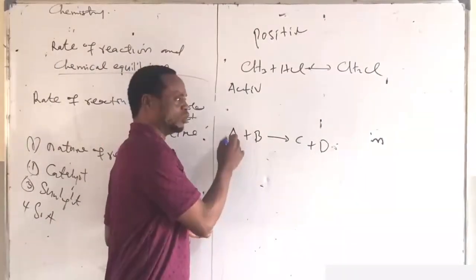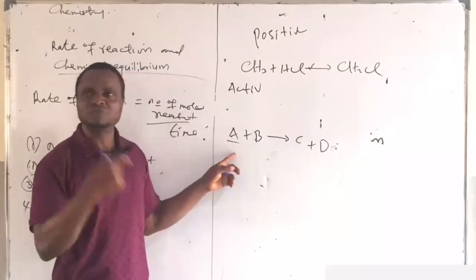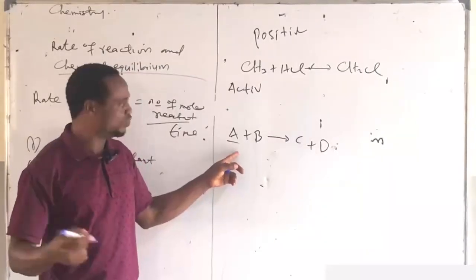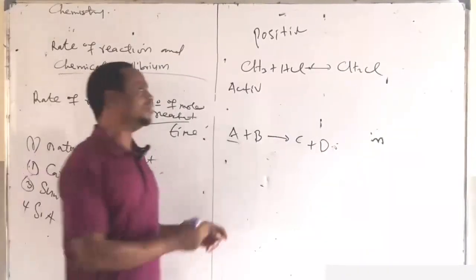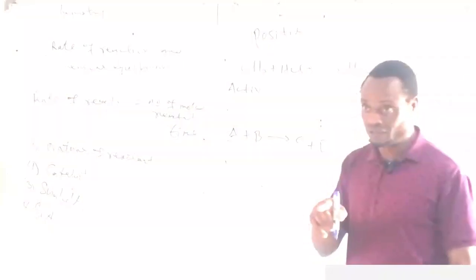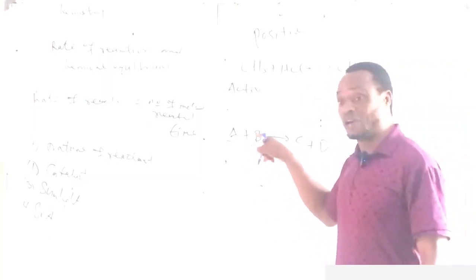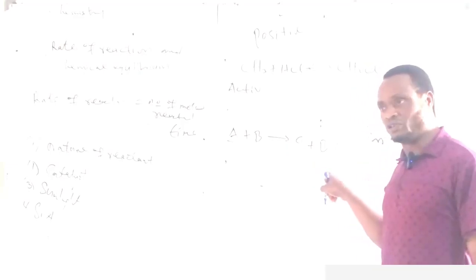This is a reacting particle which contains what? Molecules. The molecules are always moving. As they move, what do they do? They collide. Now, if the collision between the two molecules is sufficient enough to produce a product, it will give you what? A product. But if it's not, it will collide, but there will be no products, no reaction.